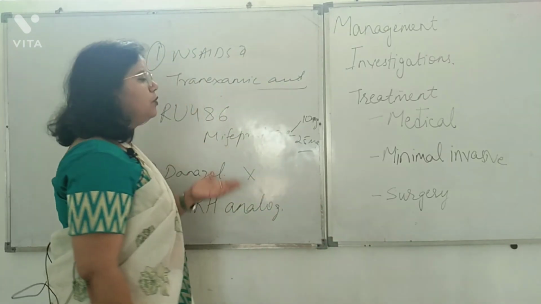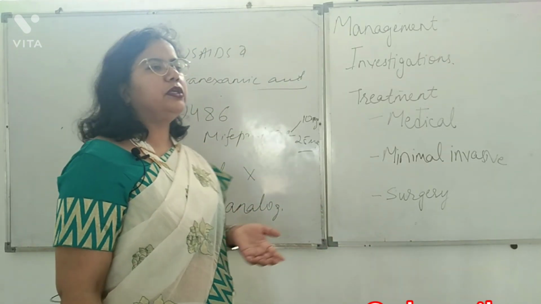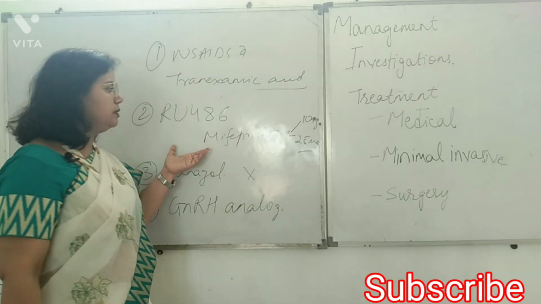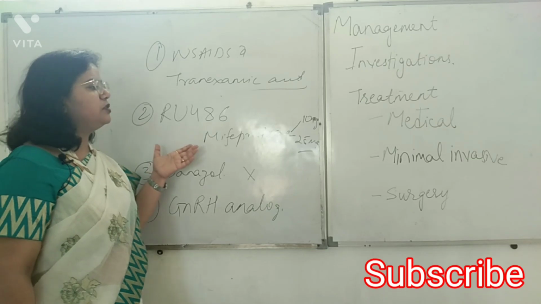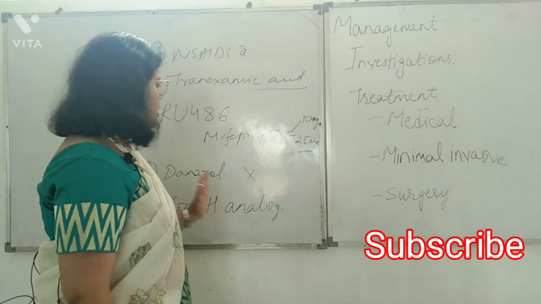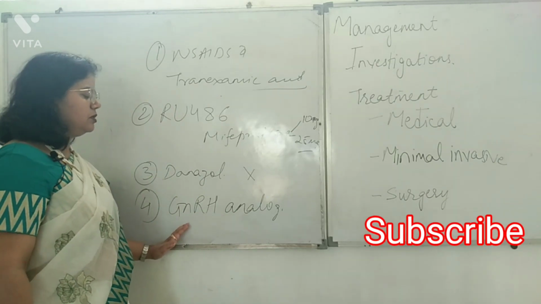But suppose she is around 42, 45 and you expect her menopause soon, then in that case you can put her on medical management to avoid either minimal invasive or surgical treatment. Same is with GnRH analog.